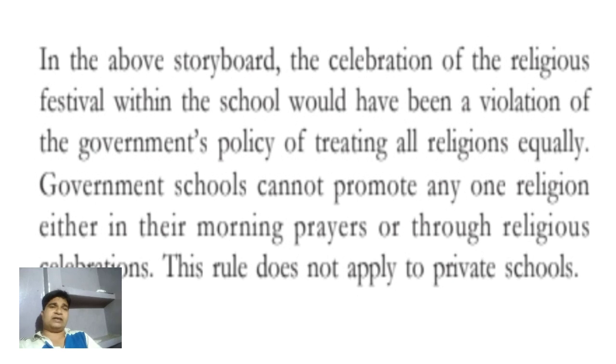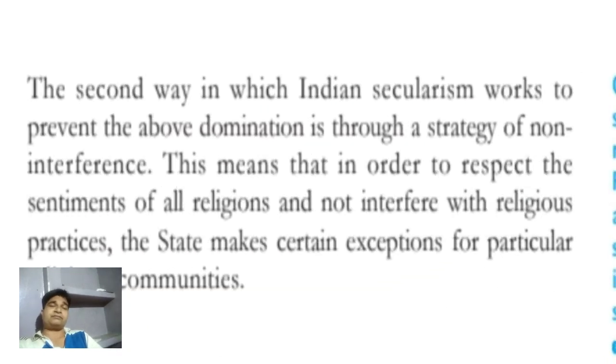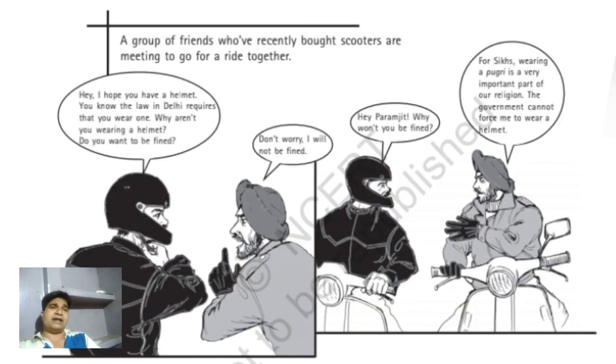Government schools cannot promote any one religion either in their morning prayers or through religious celebrations, but private schools are free to do this. The second way in which Indian secularism works to prevent the above domination is through a strategy of non-interference. That means the government does not interfere in anyone's religious matters.